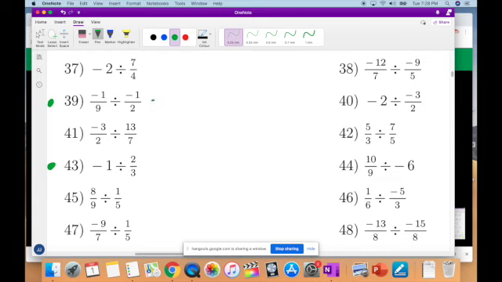You invert and multiply. So minus 1 over 9 multiplied by 2 over negative 1. Remember, they're both negative, so your answer will be positive 2 over 9. Right?